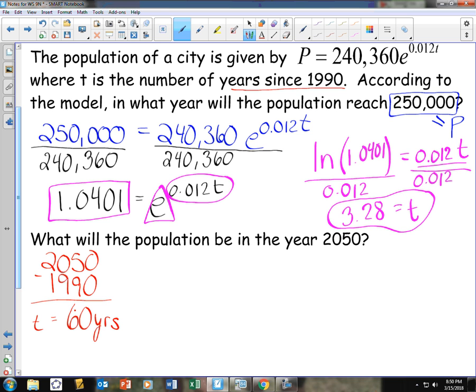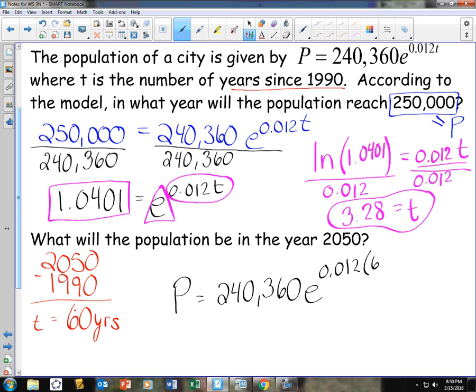P is 240,360 multiplied by e to the power of 0.012 multiplied by 60. All right. So there you go.